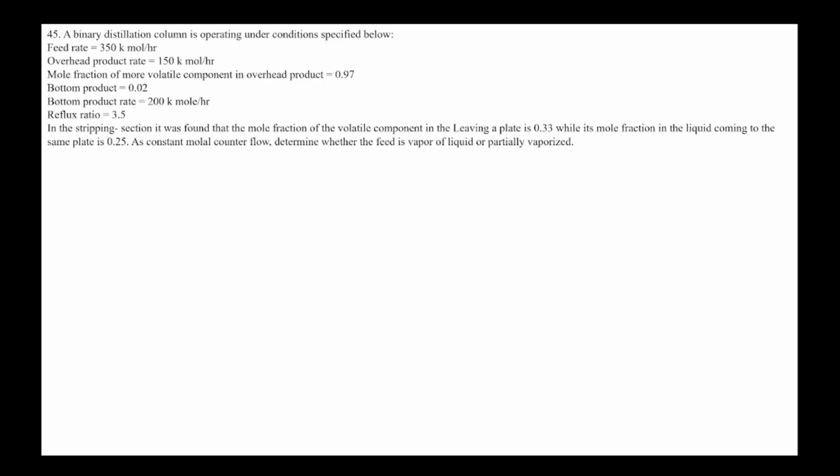Question. A binary distillation column is operating under the condition specified below: feed flow rate, overhead product, mole fraction of the more volatile component, bottom product rate, reflux ratio. In the stripping section, it was found that the mole fraction of the more volatile component leaving the plate, that is Y, is 0.33, while the mole fraction in the liquid, that is X, of the same plate.